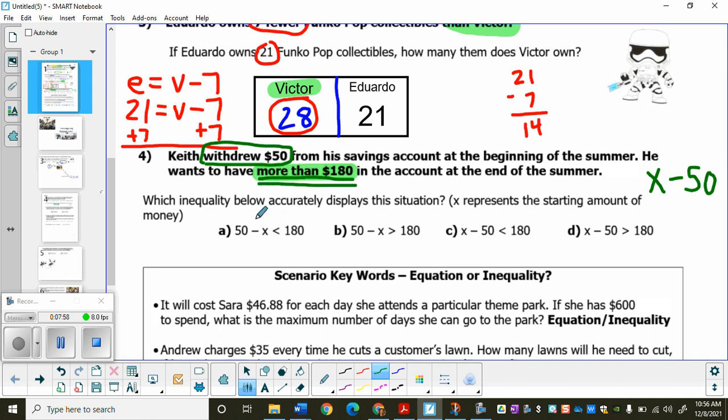So I'm looking for X minus 50, and that's why I'm going to get rid of this answer choice and this answer choice. So C and D both show a starting amount minus the 50. And if we want it to be more than 180, we can see right here, it's going to be answer choice D, because that has the greater than symbol for more than 180.